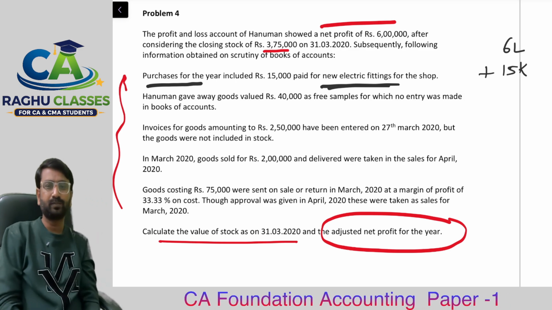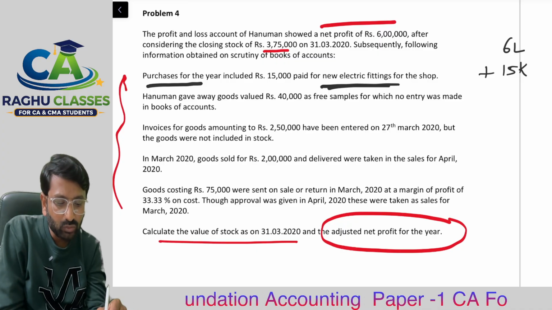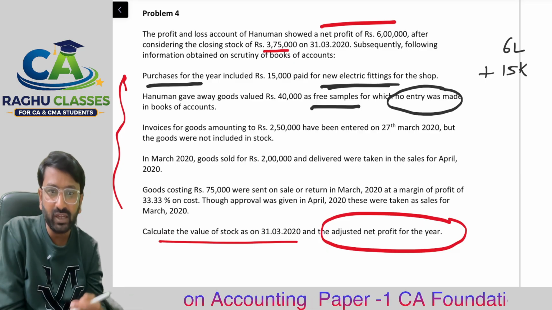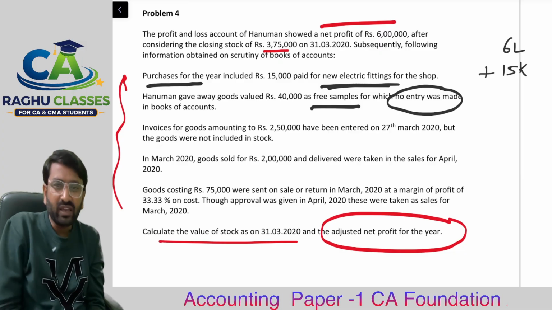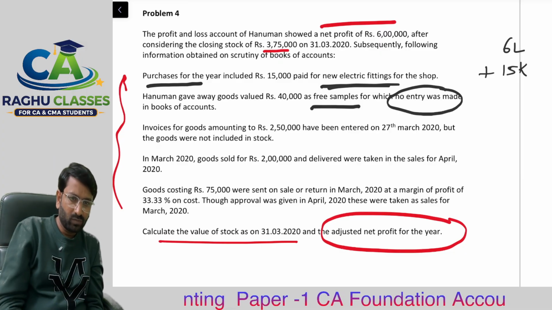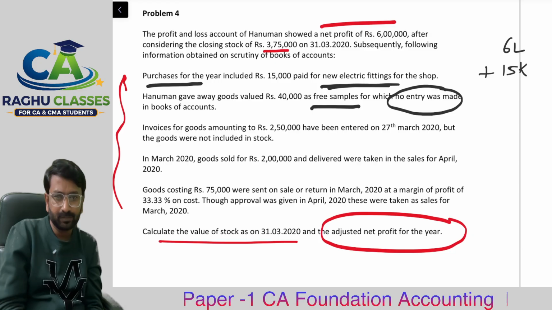Okay, next one. Hanuman gave away goods valued 40,000 as a free sample for which no entry was made. See, can we say free sample is nothing but goods given as advertisement? When goods are given as advertisement, there should be two effects for that.